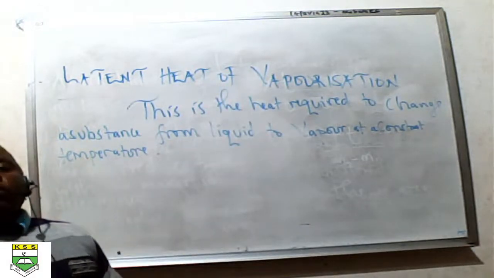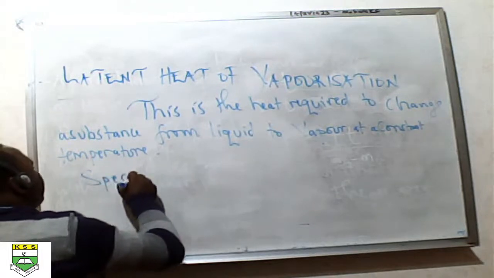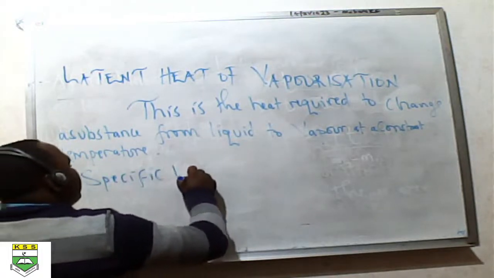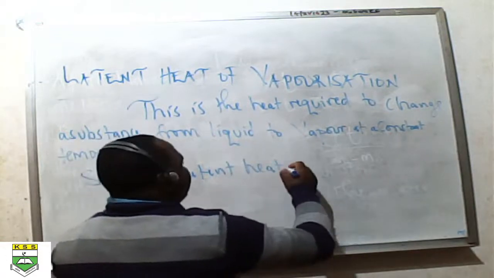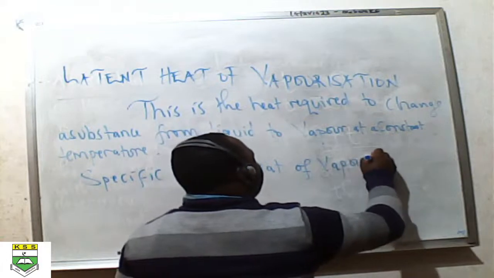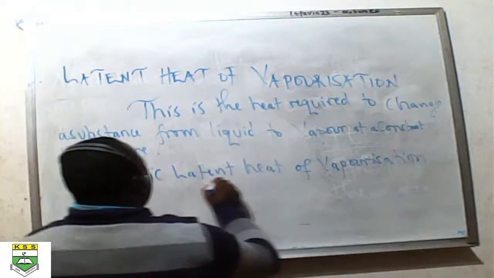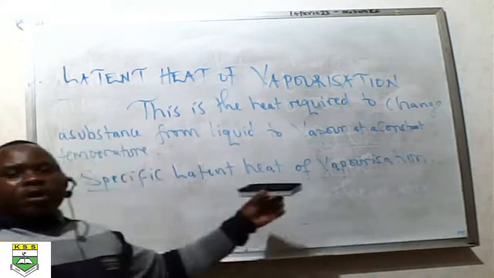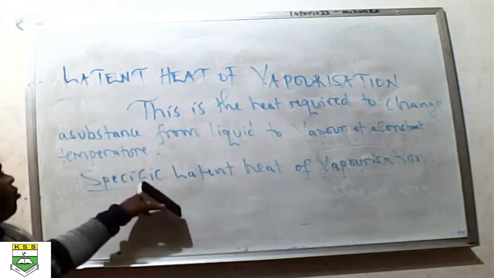Now we have what we call the specific latent heat of vaporization. It is the same as that definition I've given above. The difference here is that we talk about 1 kilogram mass of a liquid. That's why I brought in this word, specific.